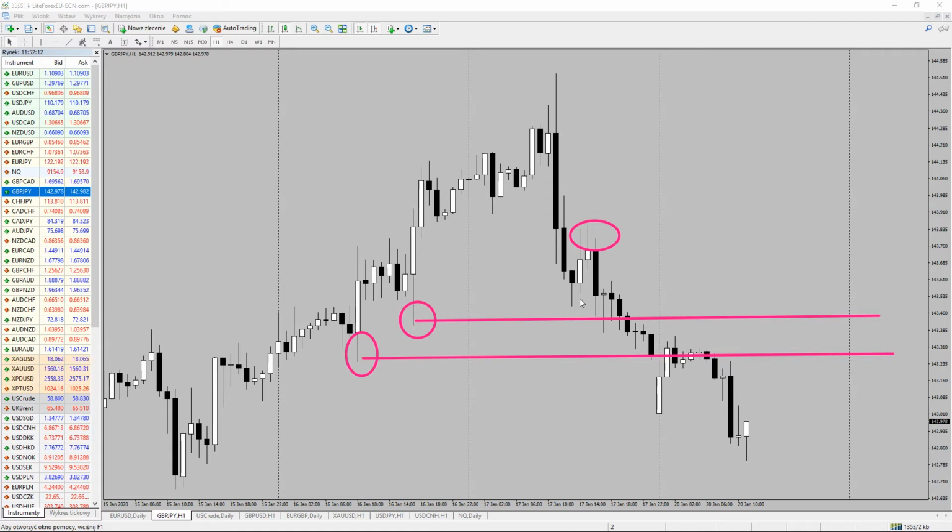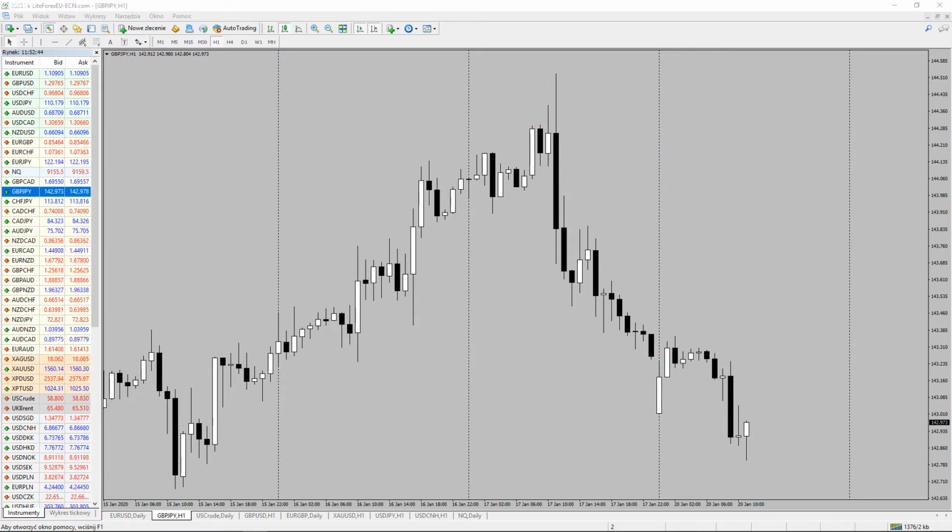That might be the first attempt to the short side from the intraday perspective, and the second one might be here between 144.15 and 144.30 with a tight stop above. So that's from the intraday selling perspective.